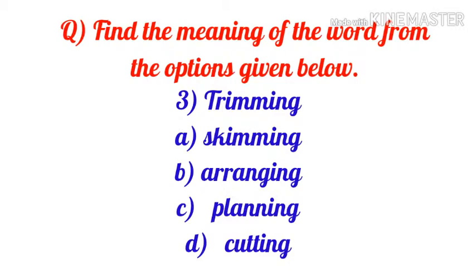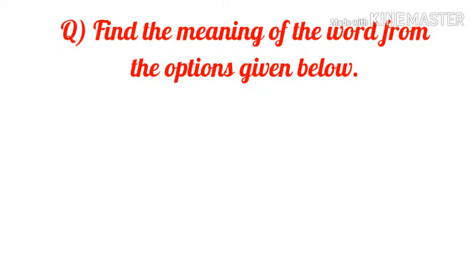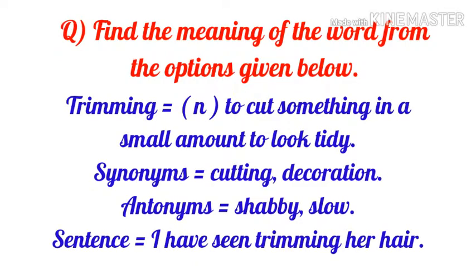Next comes the third word, that is trimming. Trimming is a very common word, and girls, you must be very much familiar with this word, because most of the time we use this word in our day-to-day conversations, right? So here the word trimming is a noun form, and its meaning is to cut something in a small amount to look tidy.